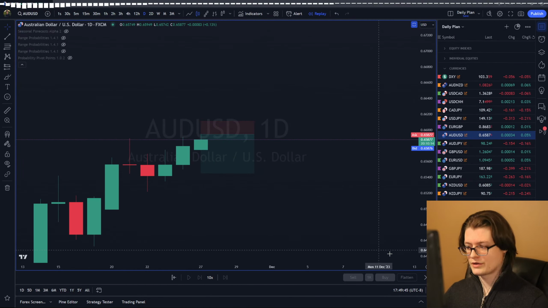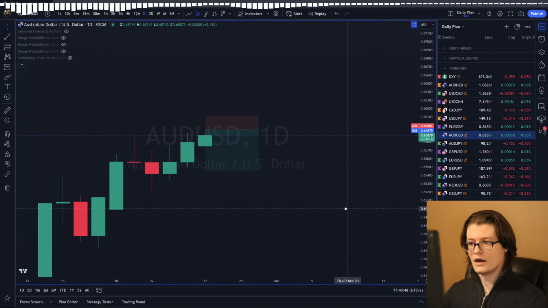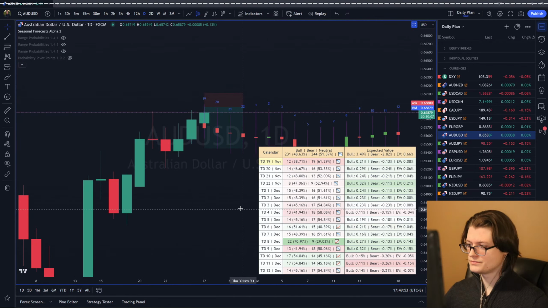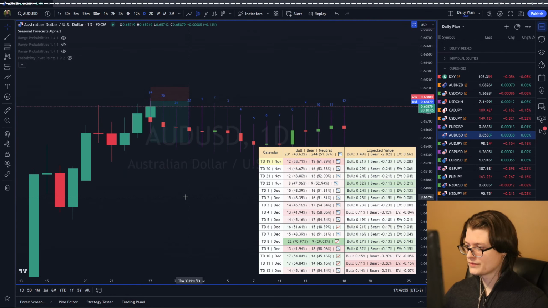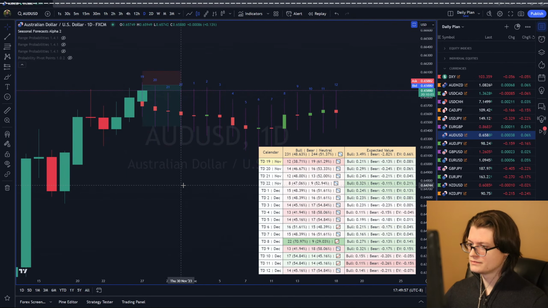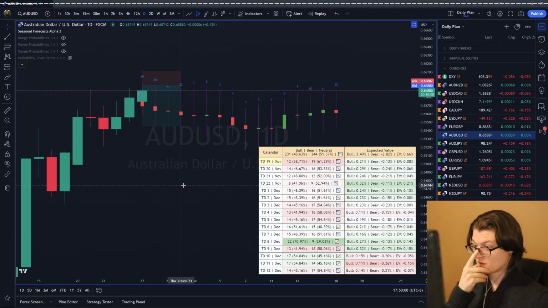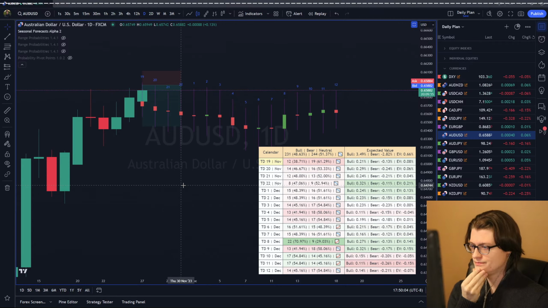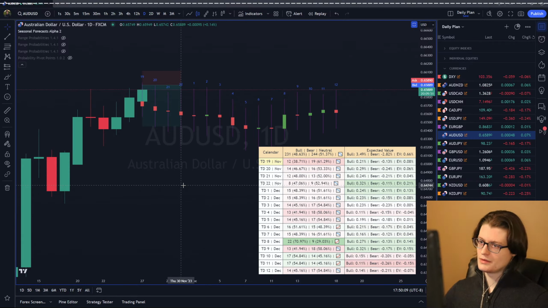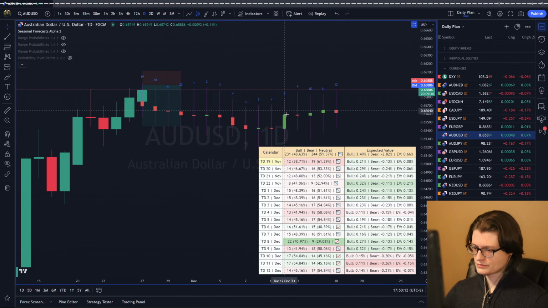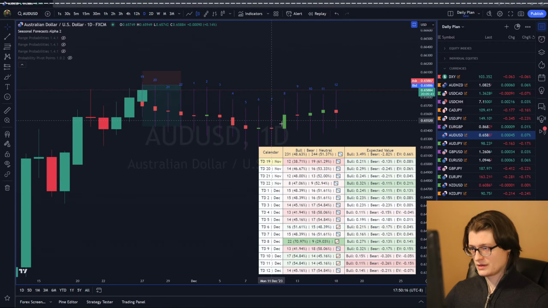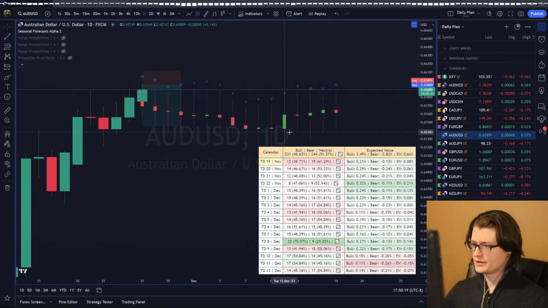One more thing I'm going to look at here on the Aussie dollar is the seasonal forecasts. Not particularly strong seasonal data. This is about the second week of December.